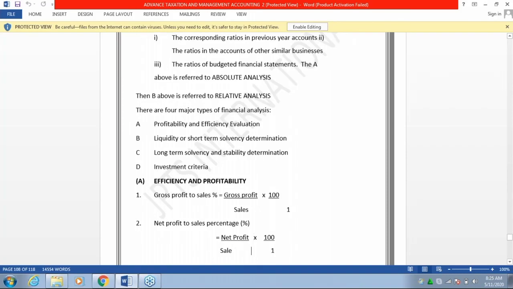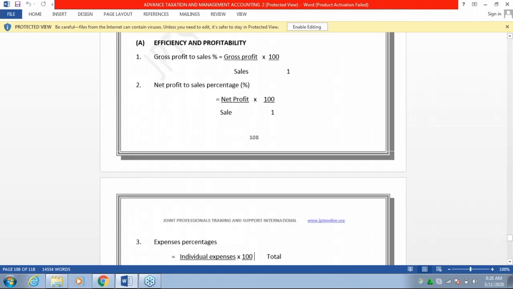When we have the gross profit to sales, we have the gross profit all over sales multiplied by 100, and the net profit to sales percentage. That is when we have the net profit all over sales, multiplied by 100.